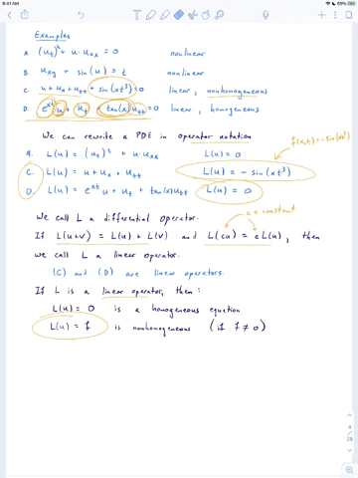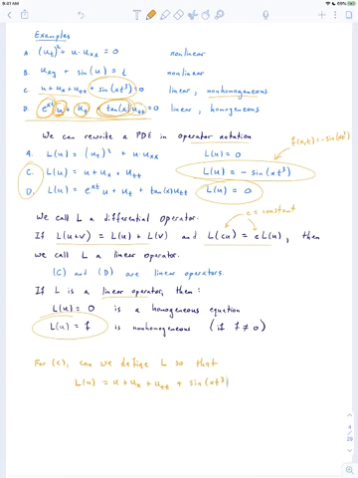Now, you might wonder, for C, can we define L so that L of u is equal to u plus u_x plus u_tt plus sine of xt cubed, like so.